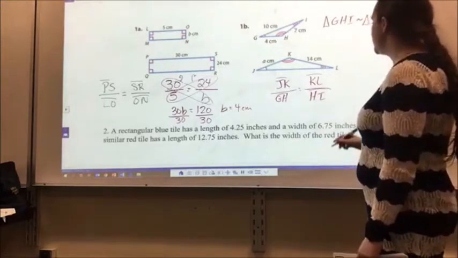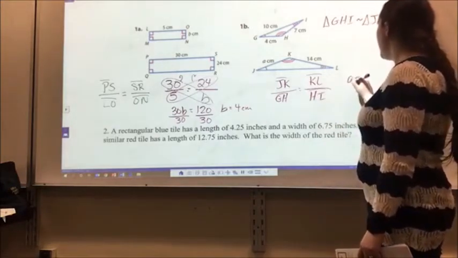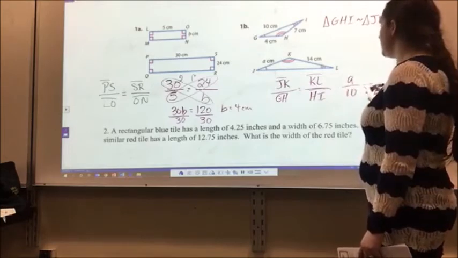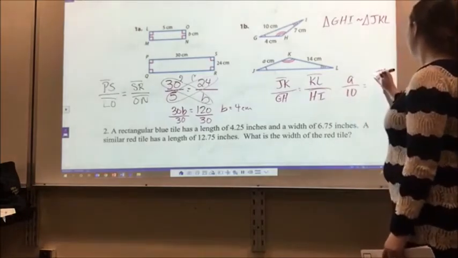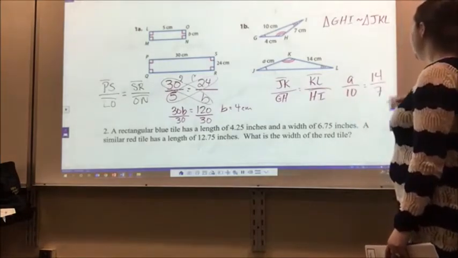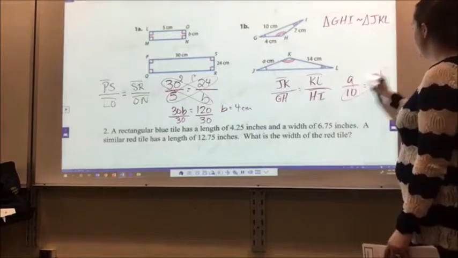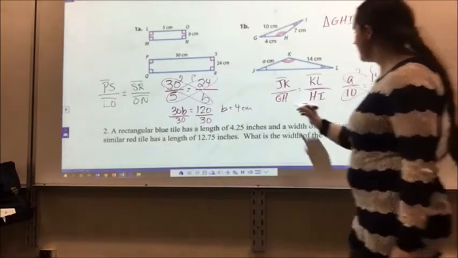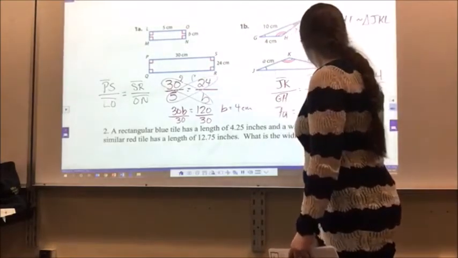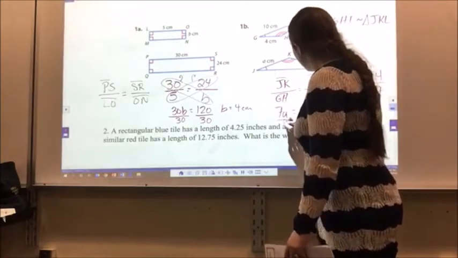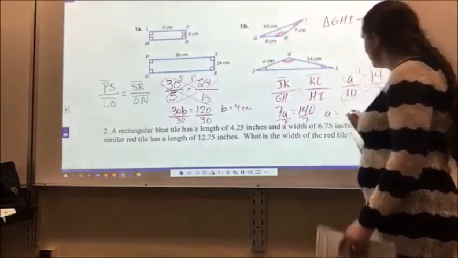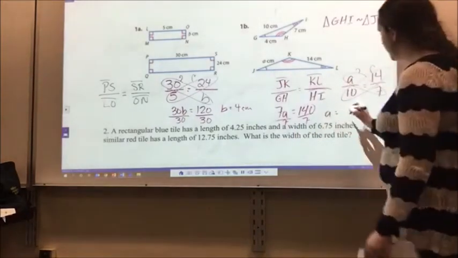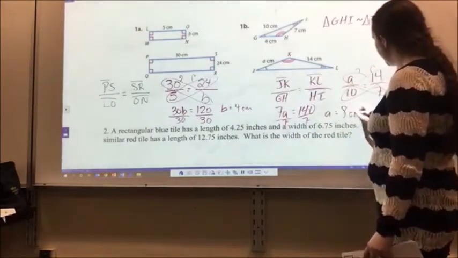So when I do this, I get A over 10 equals 14 over 7. Multiply by the butterfly, I get 7A equals 140. I divide both sides by 7. So A equals 8 centimeters.